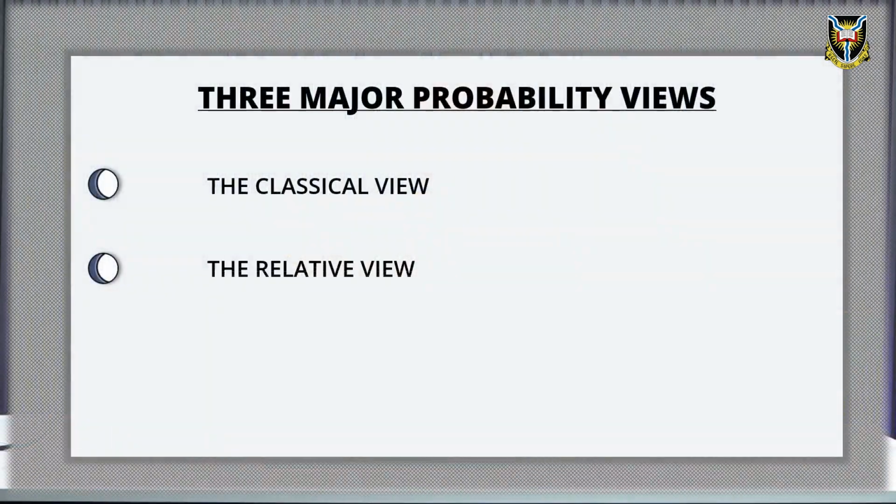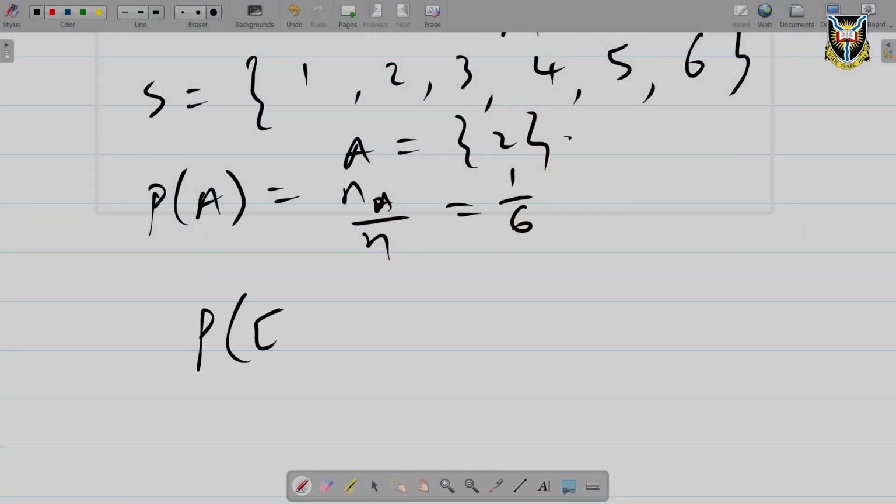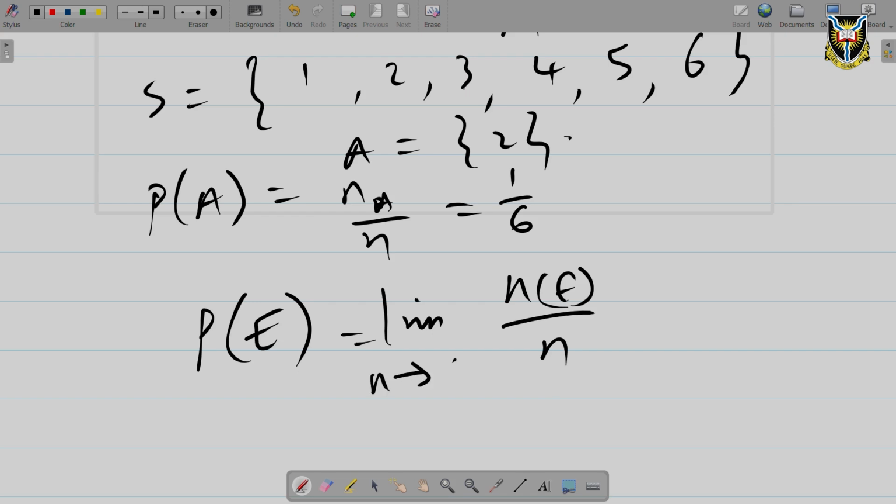The second one is the relative frequency view. Here, probability is the long-term relative frequency. We look at probability as a long-term relative frequency, and this is denoted as probability of E. Don't forget, E in this context is just referring to an event, any event, equals n of E over n, but we take a limit as n tends to infinity.